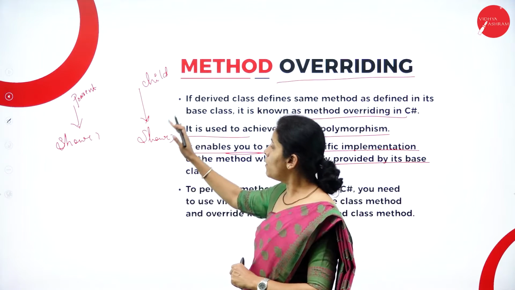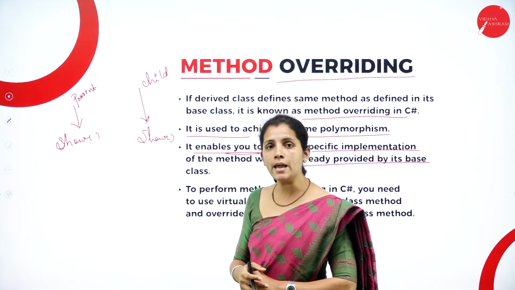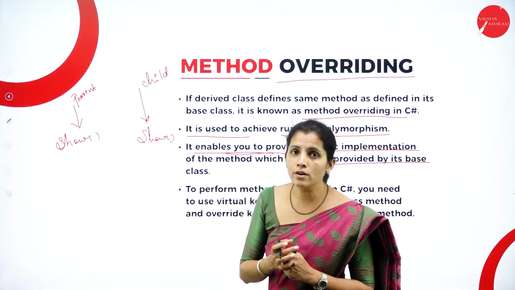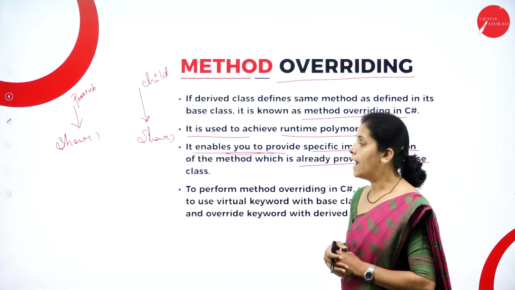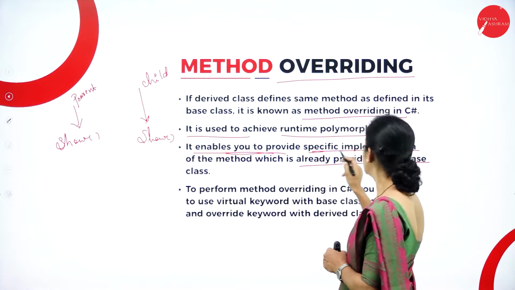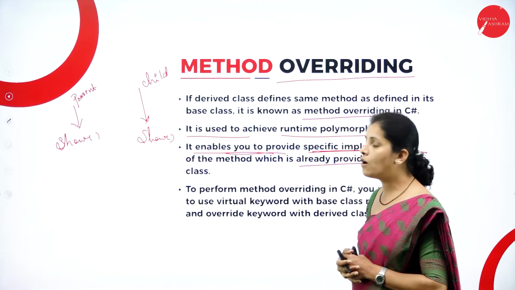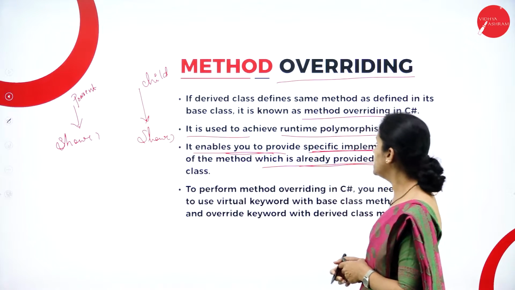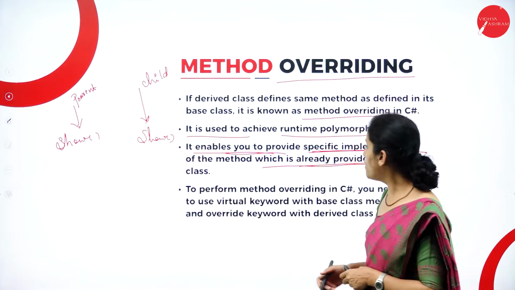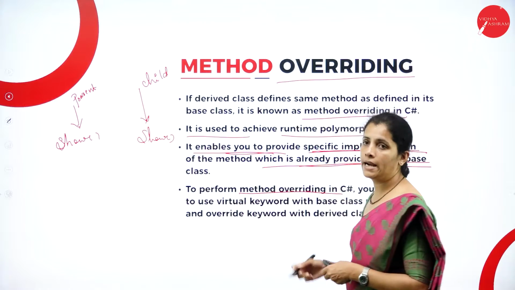Now, both methods will have similar kind of implementation. So here overriding enables you to provide a specific implementation of the method which is already provided in its base class.